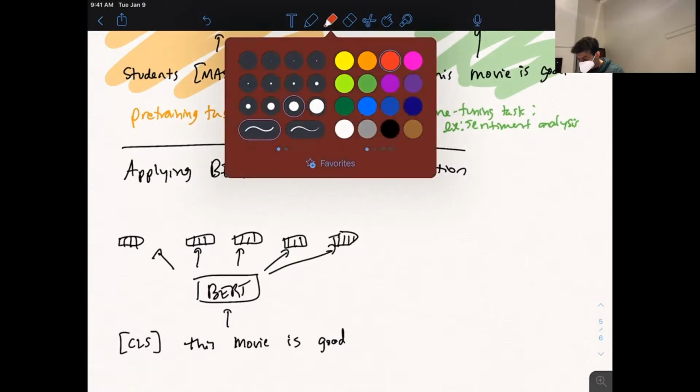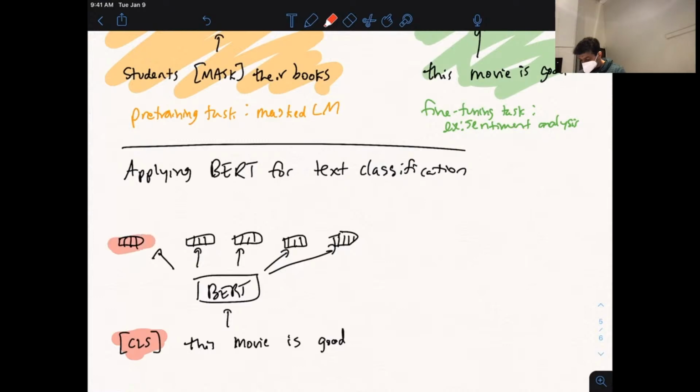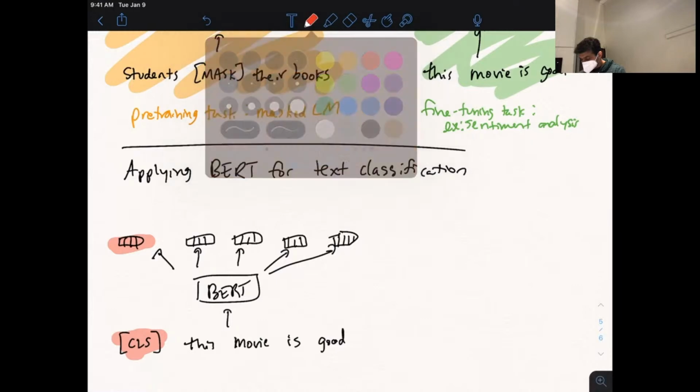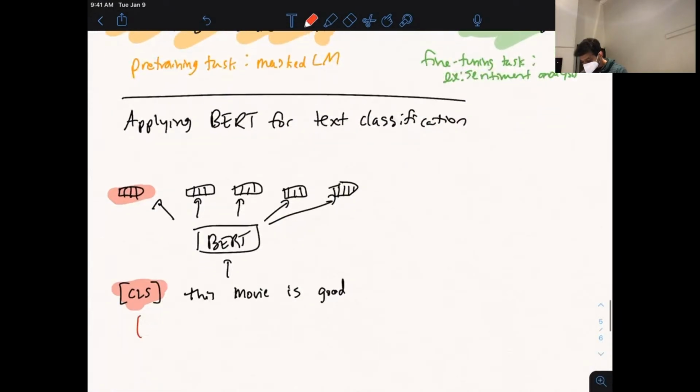So this is a special token used for classification tasks in the fine-tuning process.